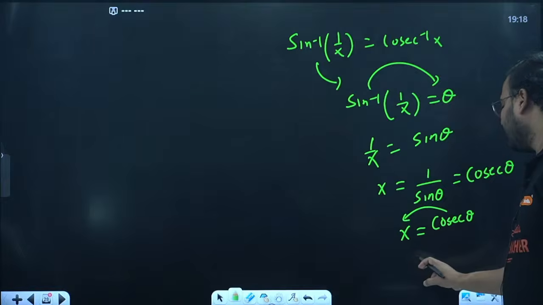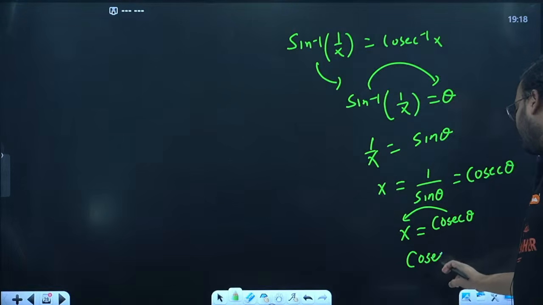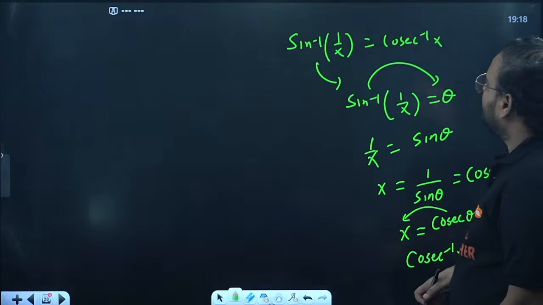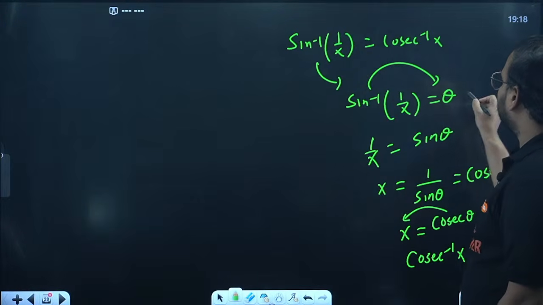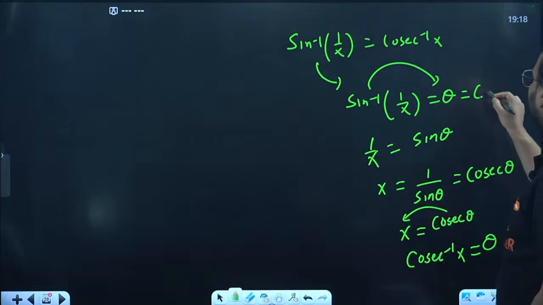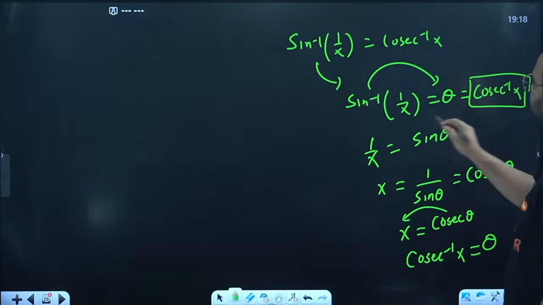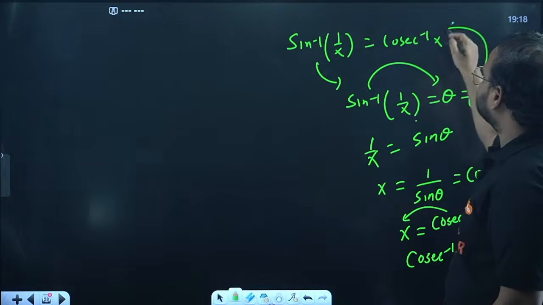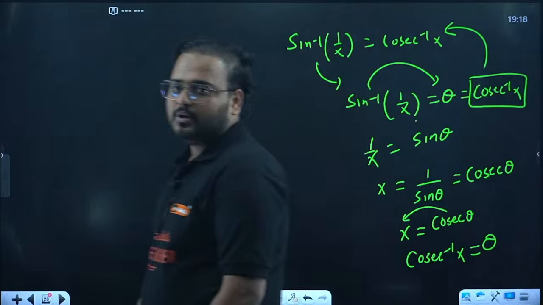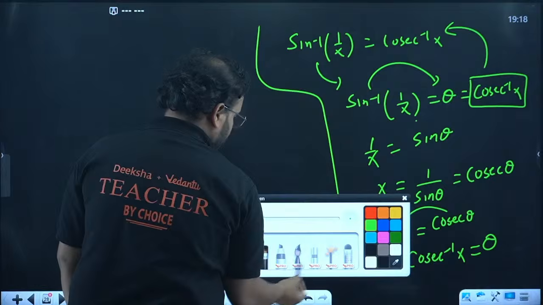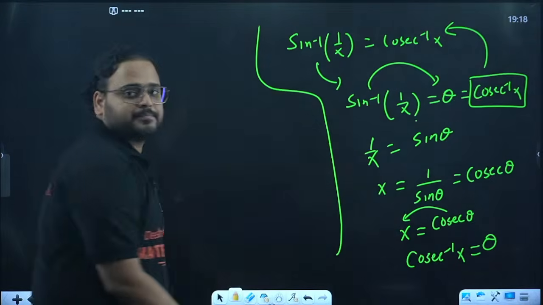Take this back, and you get cosec inverse of x is theta. You have taken this value as theta, so theta is nothing but cosec inverse of x. That's what we had to prove. Is this clear?